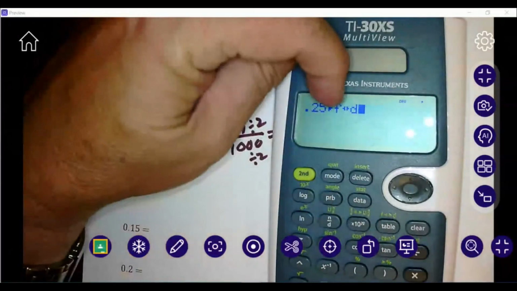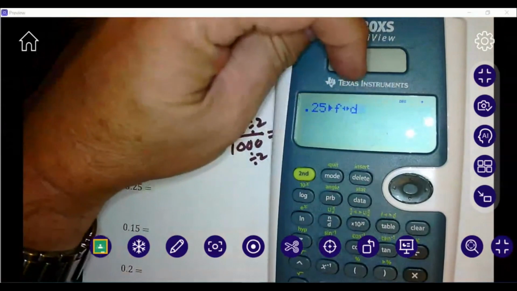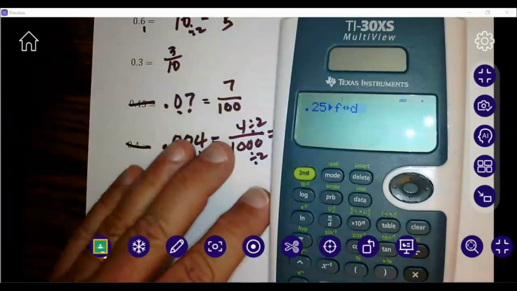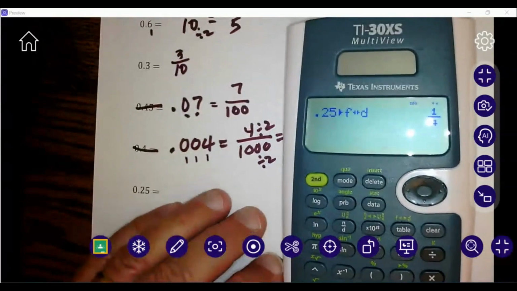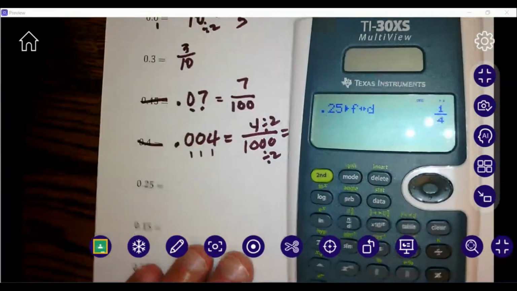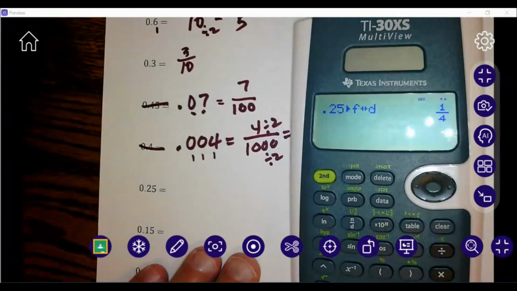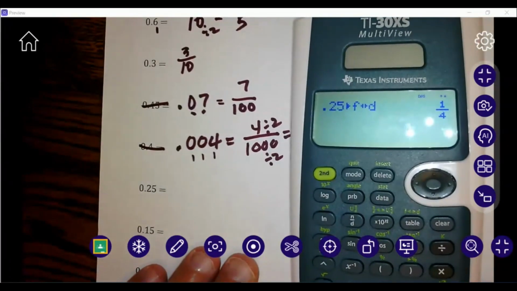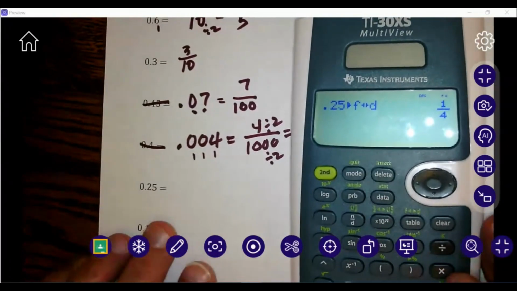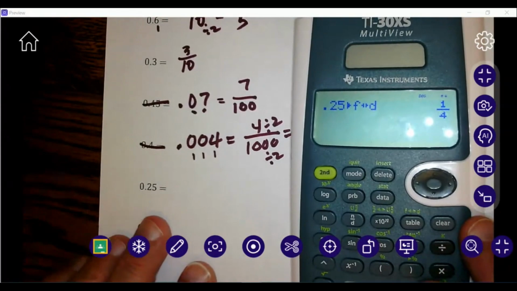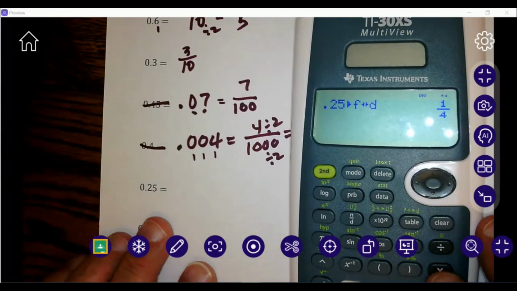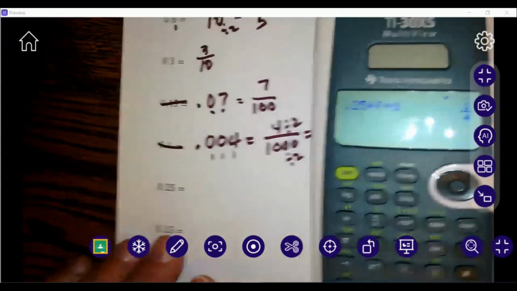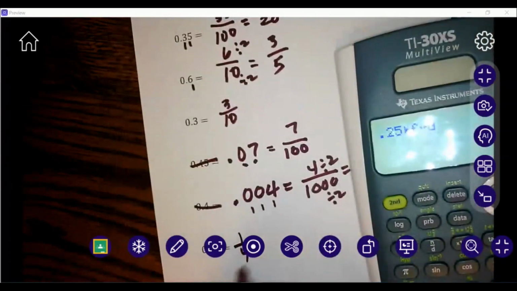And now you see it says F arrow D. When I hit enter, it automatically changed my decimal into a fraction. And it will be in reduced form. Notice that it's not 25 over 100, it is 1/4. It has already reduced the fraction for me.